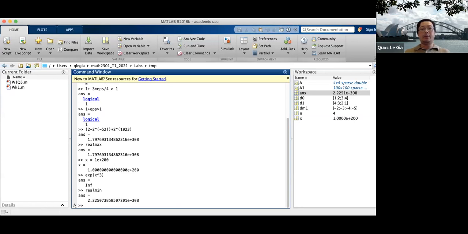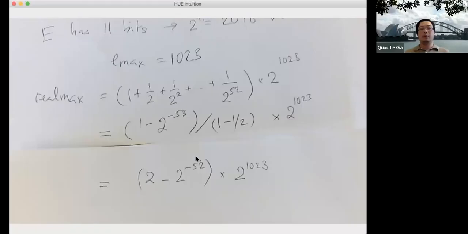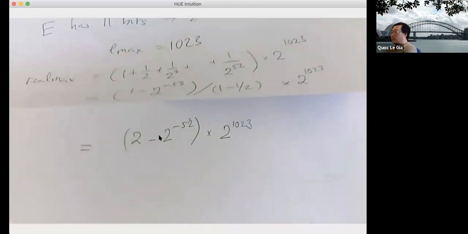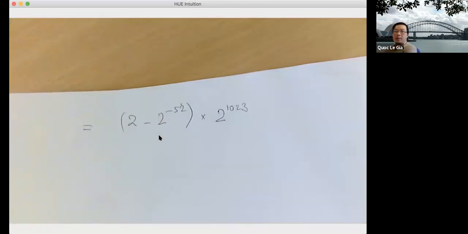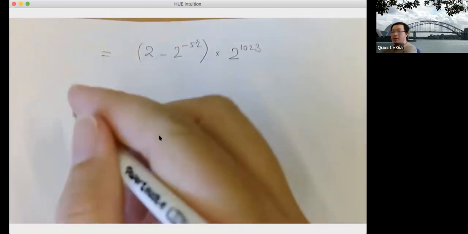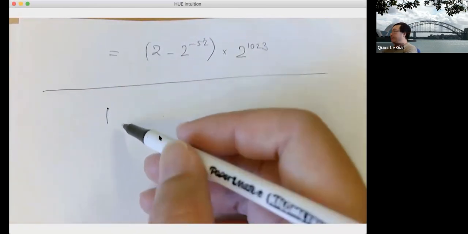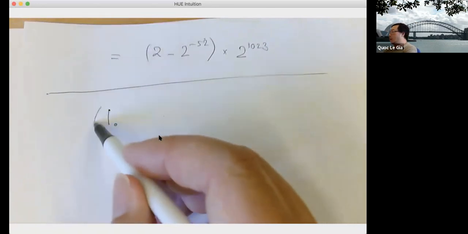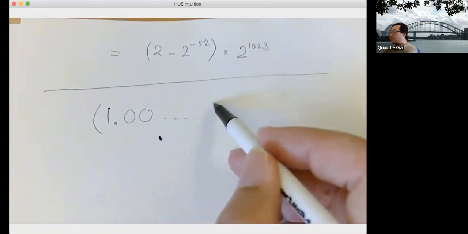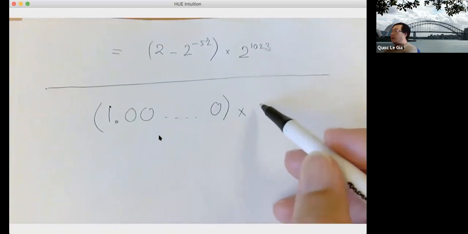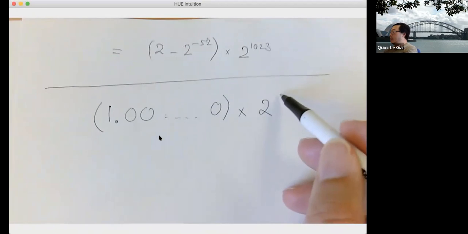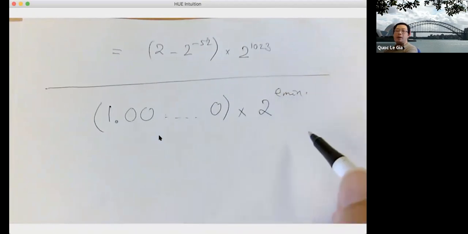So now we go back to the piece of paper. Remember the floating point number system. For realmin, you put every digit as zeros, and now you put the power as E min.